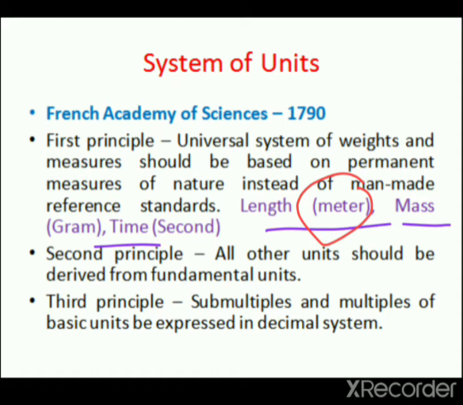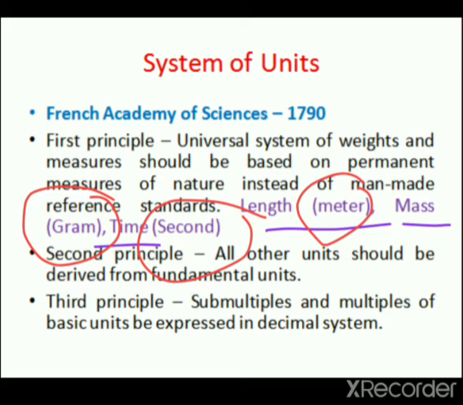The unit of mass is chosen as gram, which is defined as the mass of 1 cubic centimeter of distilled water at 4 degrees Celsius and normal atmospheric pressure at 760 mm mercury. The unit of time remains the same as the traditional seconds.